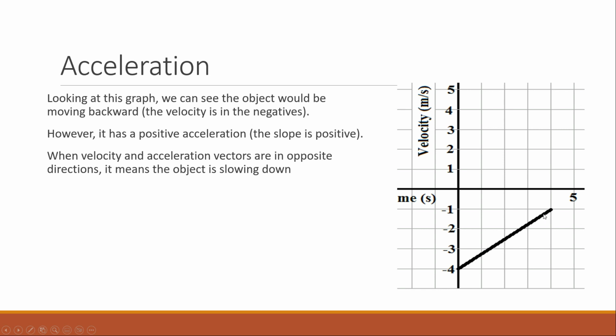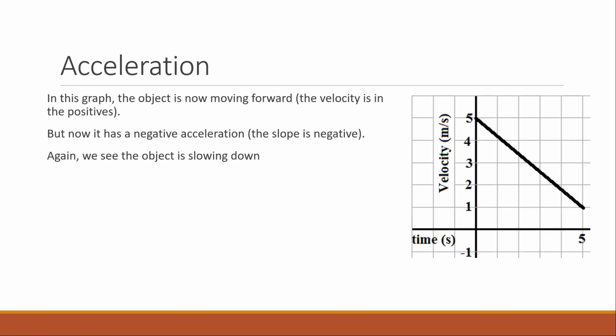Now, one thing that we can note here is if my velocity is negative, but my acceleration is positive, the velocity is getting closer and closer to 0 with each moment. That means when my acceleration and velocity vectors are in opposite directions, velocity negative, acceleration positive, the object is slowing down.